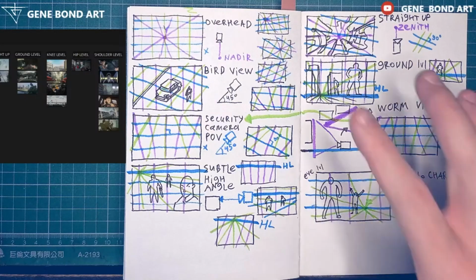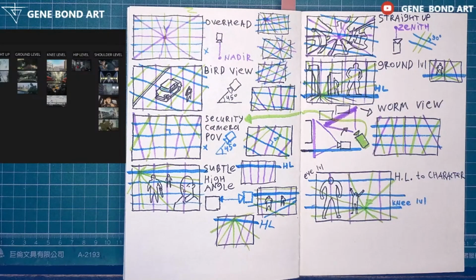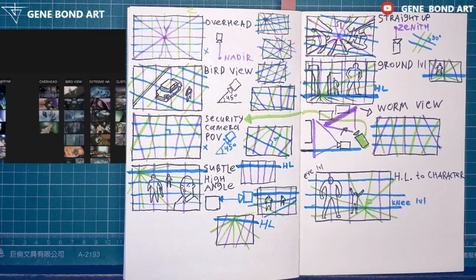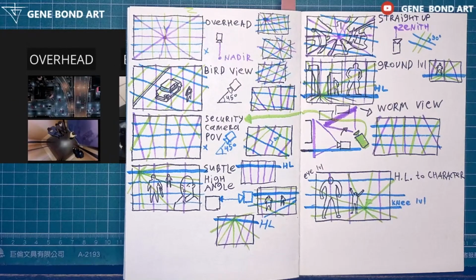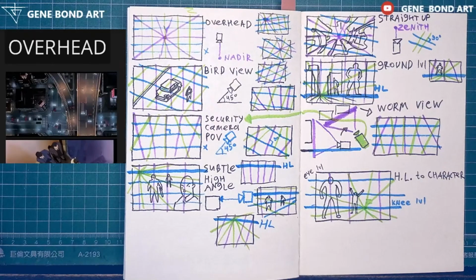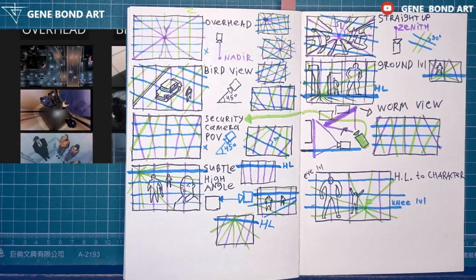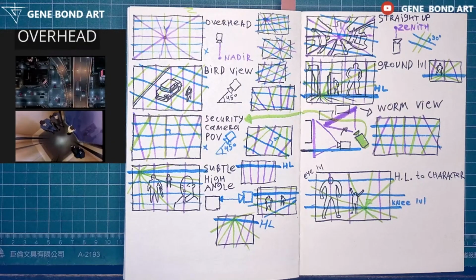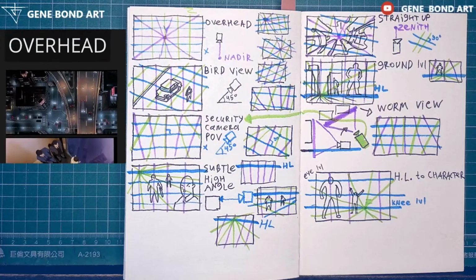So here is a set of angles for you, and let's analyze these images from Patlabor according to this system, to these patterns. So here we have two nice overheads.